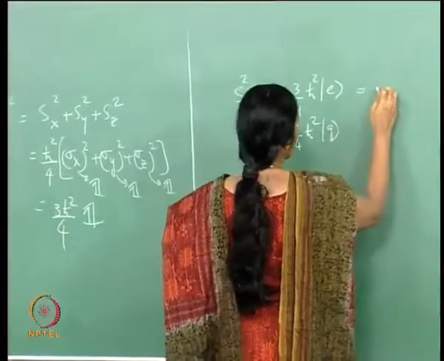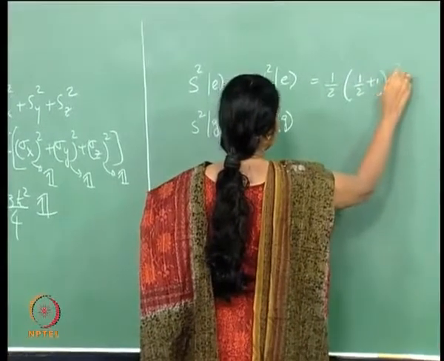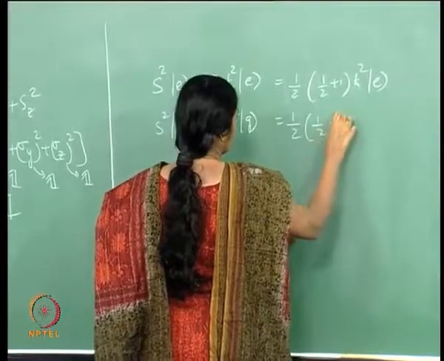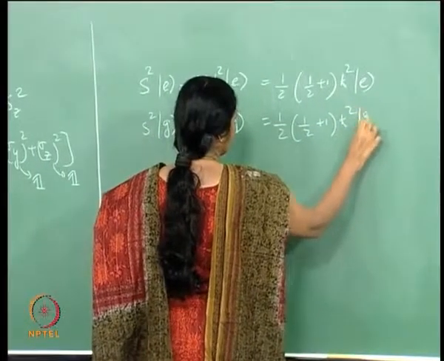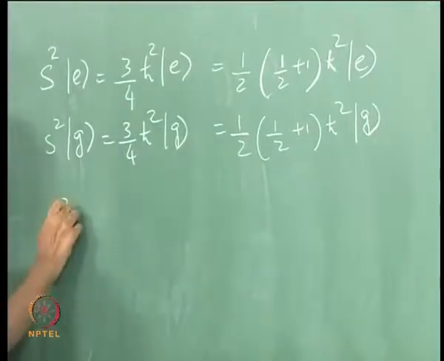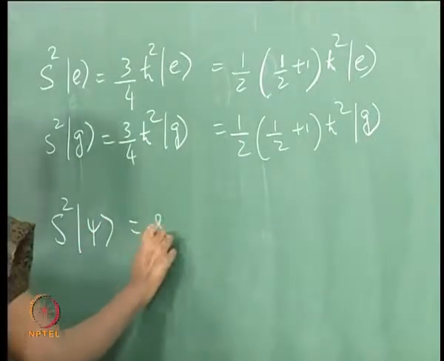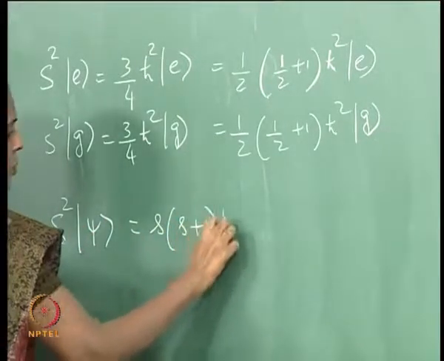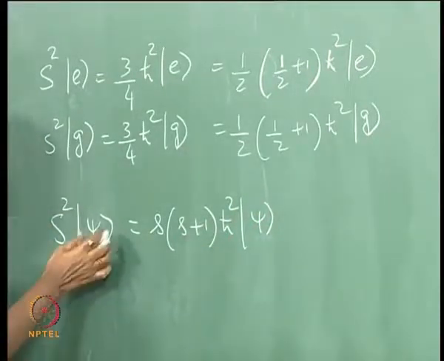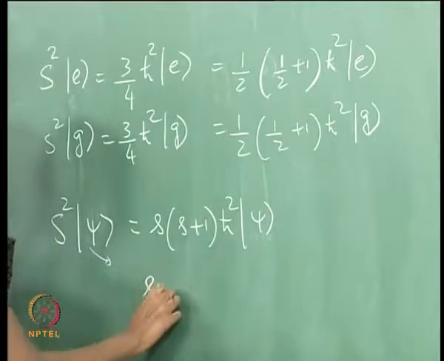I'd like to write this as half into half plus 1, like this. I would like to write this in general as S squared acting on an eigenstate gives me s into s plus 1 ħ squared times the eigenstate. And in this case, this state could be either ket e or ket g, and s is equal to half.